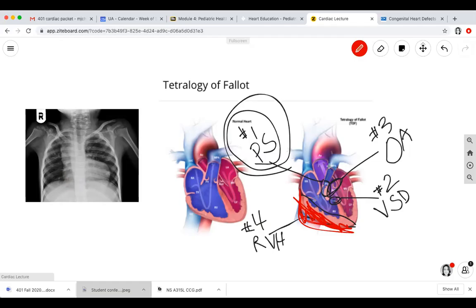You already have this stenosed pulmonary artery and pulmonary vessel, so it will be even more difficult for blood to get into your pulmonary vasculature and oxygenate to be carried to your body. So the aorta is going to steal a lot of that blood flow. You're going to have this shunting, a lot of that blood is going to go into the aorta. So you're not having as much oxygenated blood that circulates, which is going to make the baby blue.